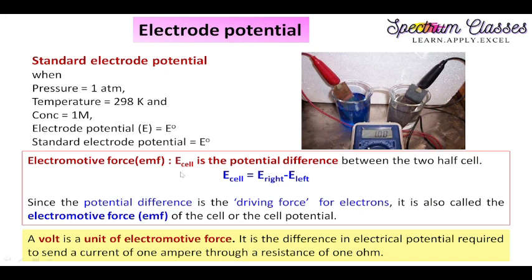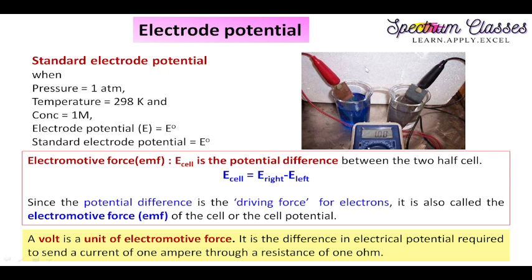Now coming to the electromotive force. The electromotive force, E cell, is the potential difference between the two half cells, which completely form the cell. This is the complete outer circuit, and this is the salt bridge. Here are the electrolytes, and these are the electrodes. So this is the complete cell.